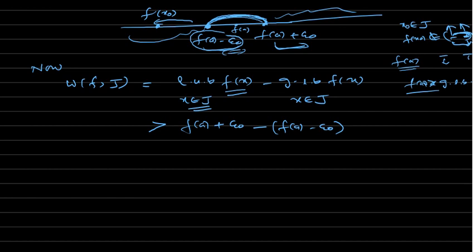Here the images are not in this interval, so the least upper bound must be greater than f of a plus epsilon naught, and the GLB must be less than f of a minus epsilon naught, so minus times GLB must be less than minus times f of a minus epsilon naught. That equals twice epsilon naught, which is a positive number.